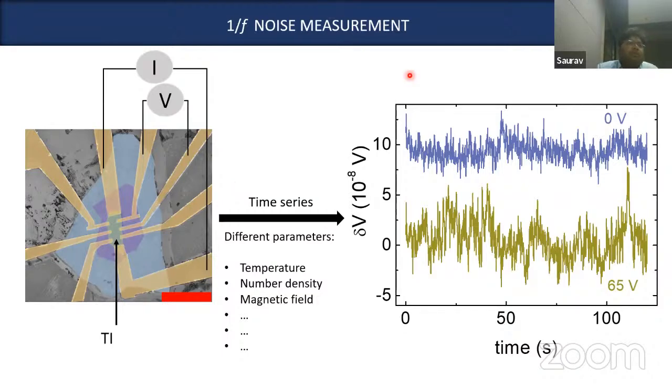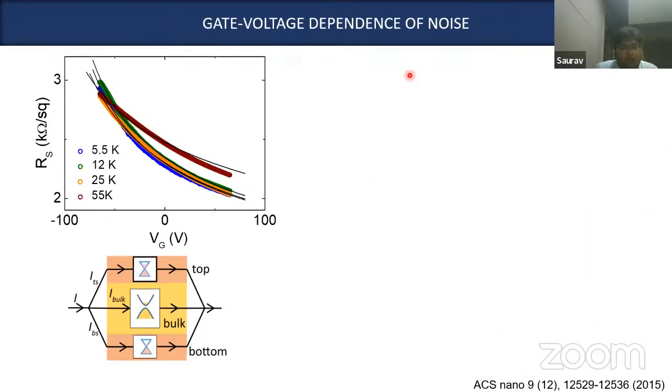We do these measurements typically from 20 millikelvin in a dilution refrigerator to our own lab-made variable temperature insert, where you can heat up the sample from 4 Kelvin to 300 Kelvin. The first thing to check in standard transport is the gate voltage dependence. So we put some backgate voltage.